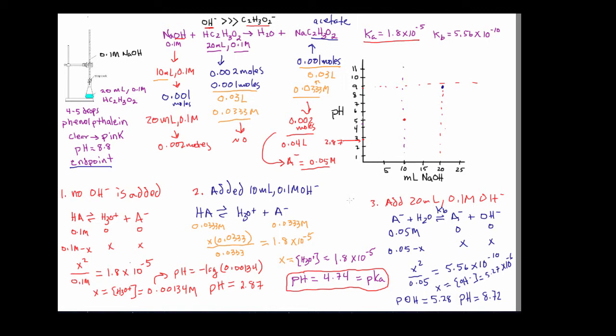So what I've done on the graph to close this video is we've established 3 points during the standard strong base weak acid titration. The first point is the pH of the solution before any hydroxide is added. The second point is where we've added enough hydroxide so that the concentration of HA exactly equals the concentration of A-.